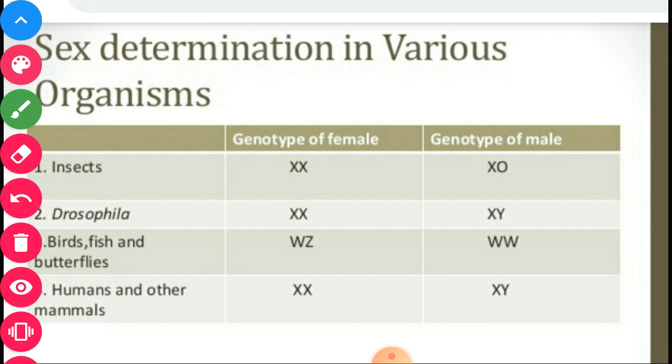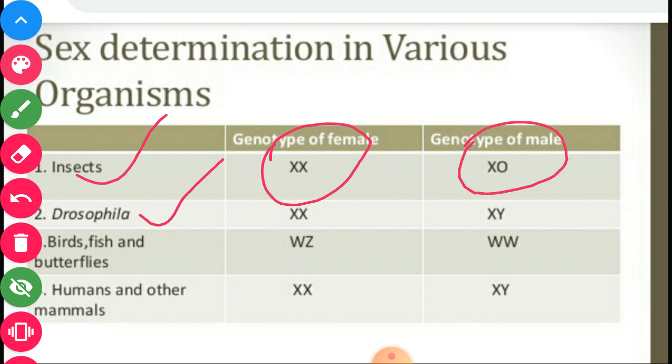Now see the sex determination in various organisms. Different mechanisms are followed for the determination of sex. Like in insects, the female has genotype XX and the male has XO type. In Drosophila, in female both chromosomes are similar, in male both are different.